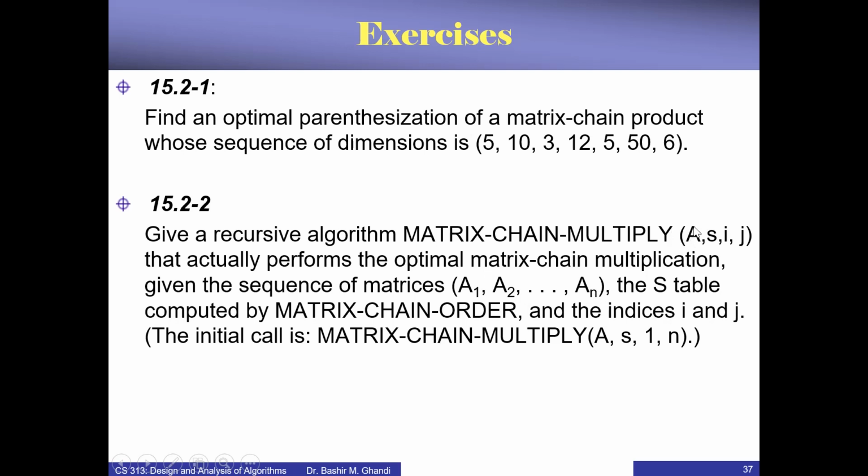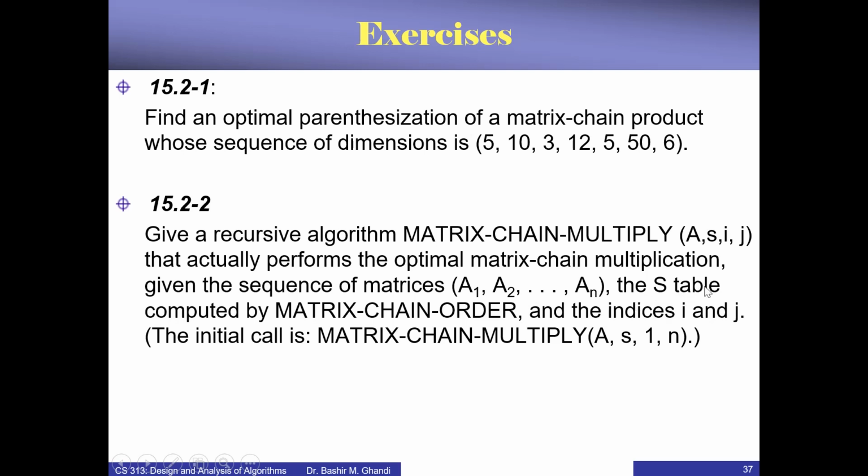So this array A is actually an array of matrices, matrix A1, matrix A2, and so on until matrix An. And an array S telling us where best to do the cut, or where first to parenthesize the sequence, and then i and j that will actually do the matrix chain multiplication.